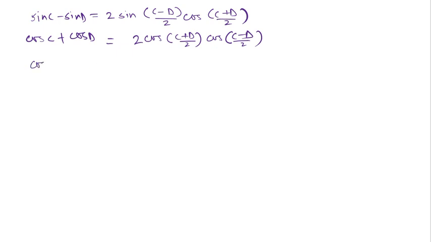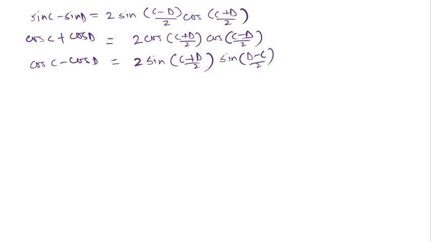And cos C minus cos D is equal to, not cos, it will change here, it will become 2 sine C plus D by 2 into sine D minus C by 2, everything will be sine.